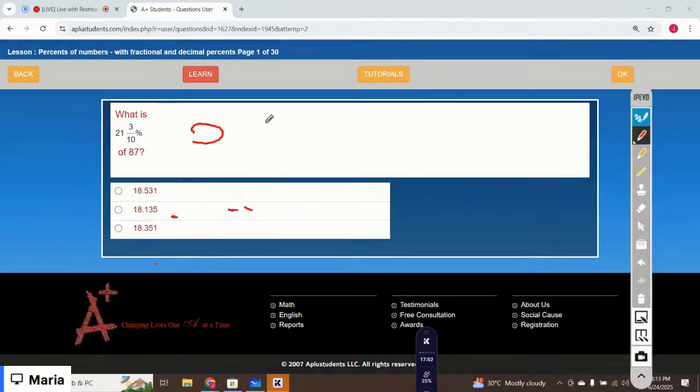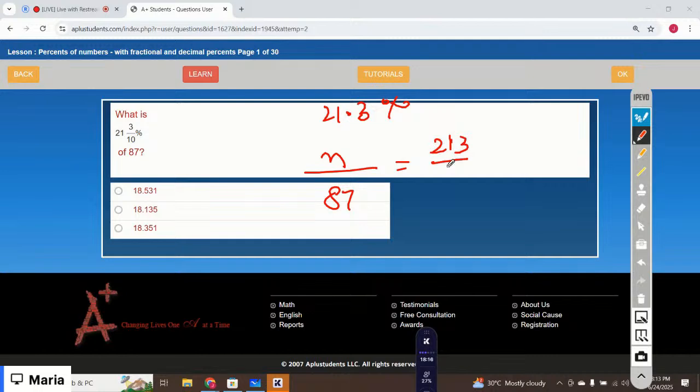So 21 and 3 over 10, right? That is 21.3%, because the denominator has 10, so you need only one decimal place. That is 21.3. The part is n divided by 47, the whole number, equals 21.3 over 100. Then just cross multiply.